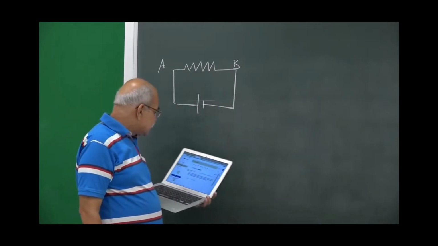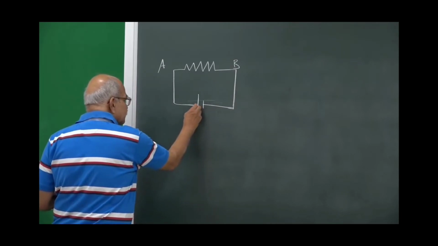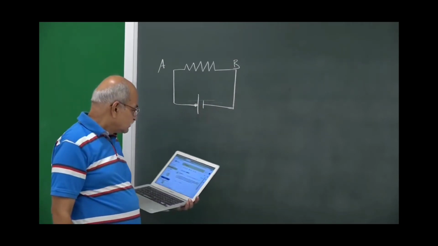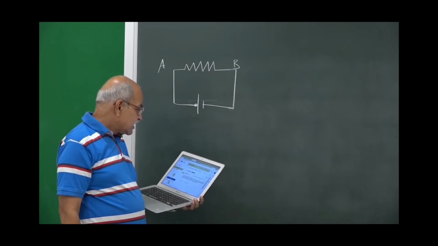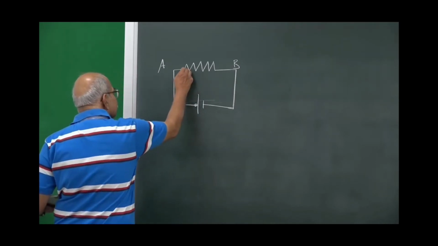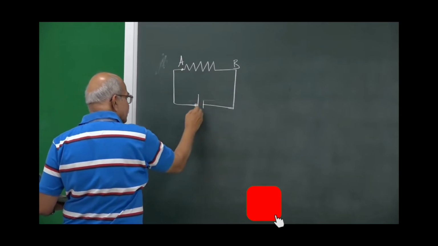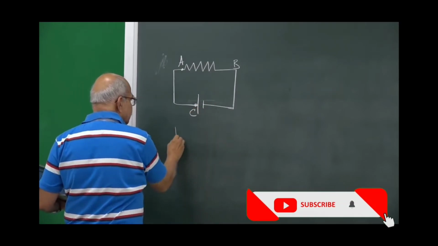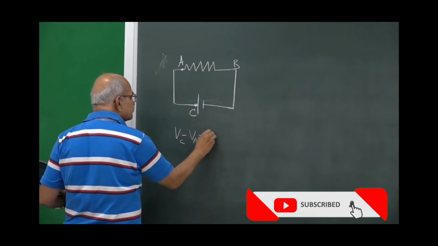The potential difference between one end of the battery, say positive, and one end A of the resistance is 0. So if this point is A and this point, let us say C, then V_C minus V_A is 0.